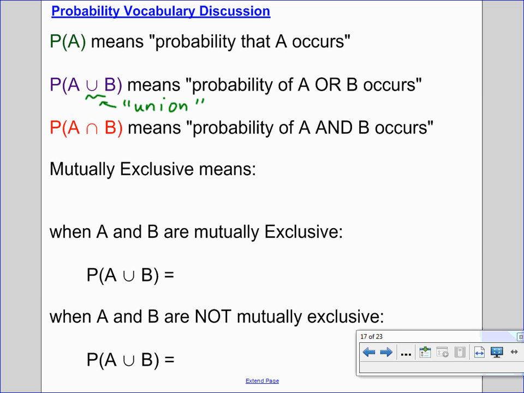That's the same union symbol we saw back in our systems unit 7. That means or. Versus probability that A and B occur, that's an intersect symbol. That means the probability that A and B occur.